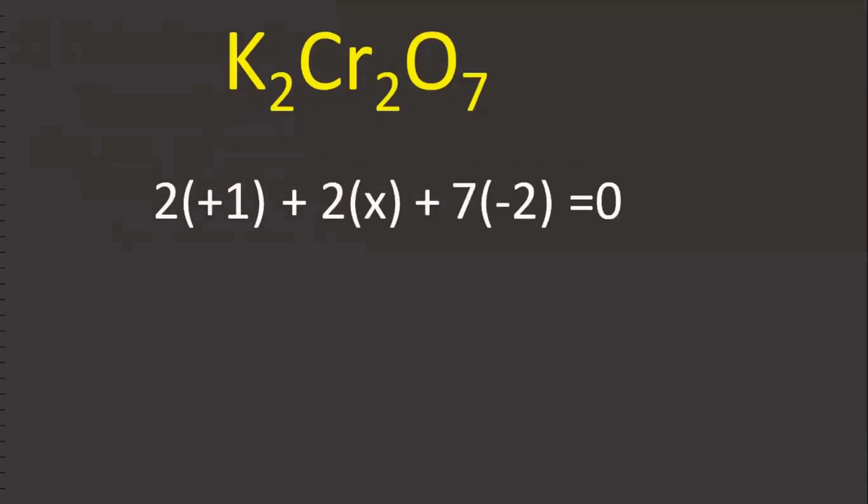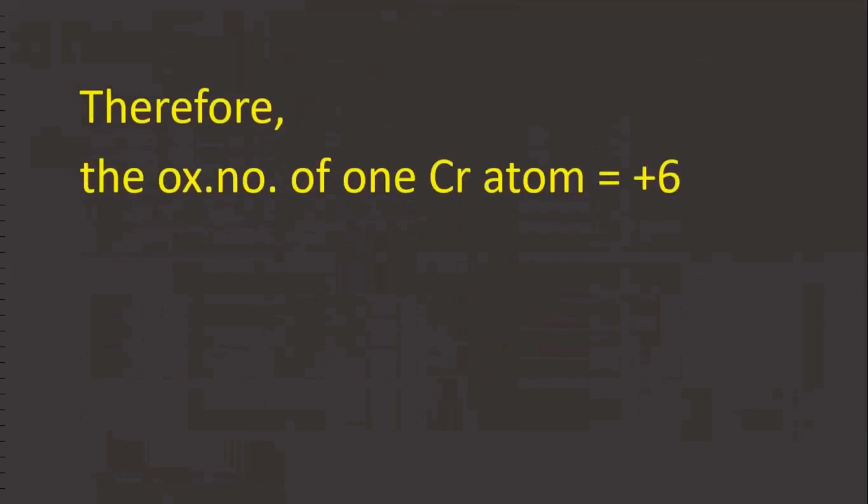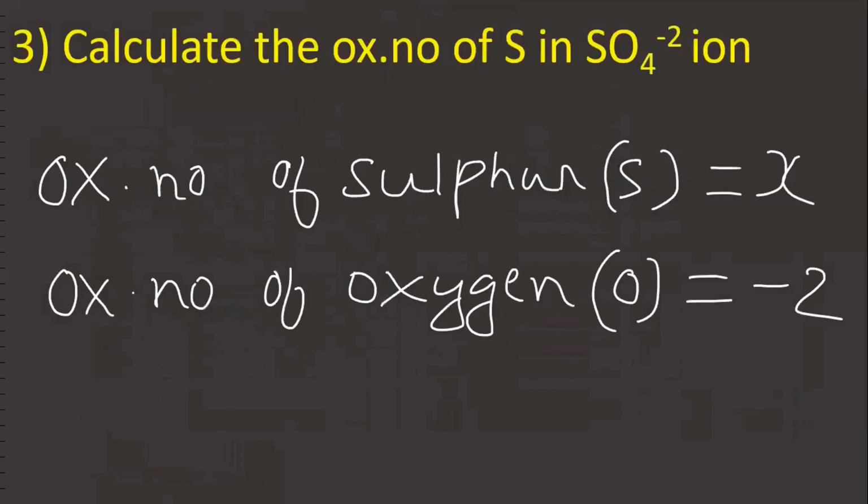Oxygens, 7 into -2, equals 0. Now, 2X + 2 - 14 = 0, so 2X = 12. So oxidation number of 1 chromium atom is +6 in potassium dichromate.